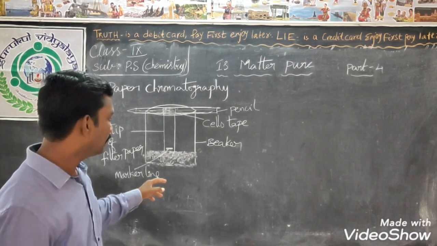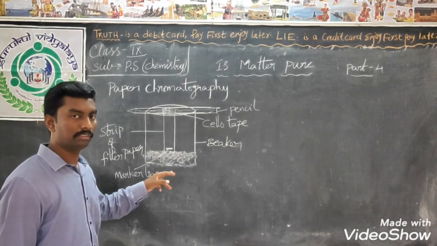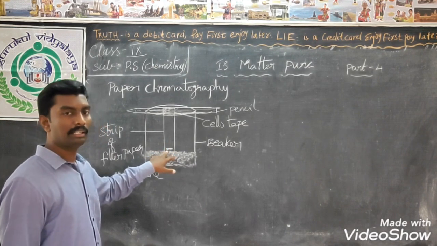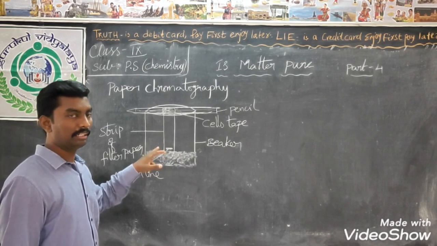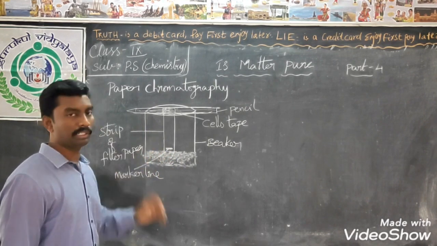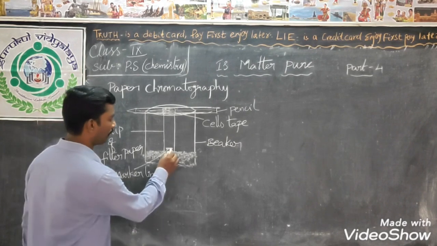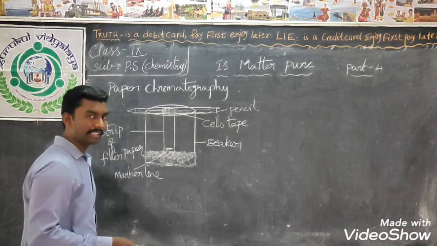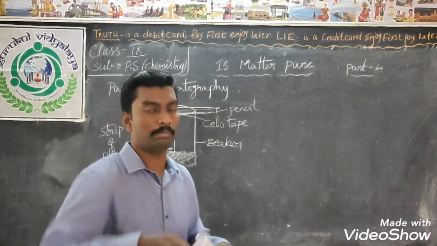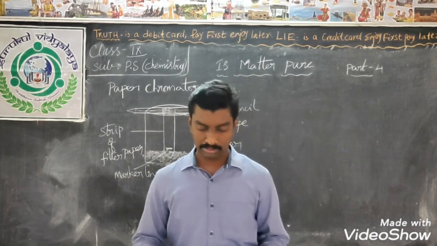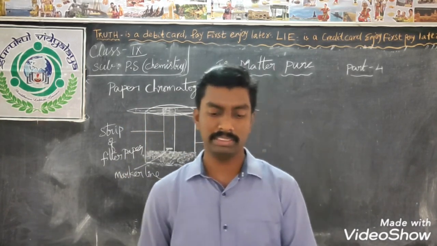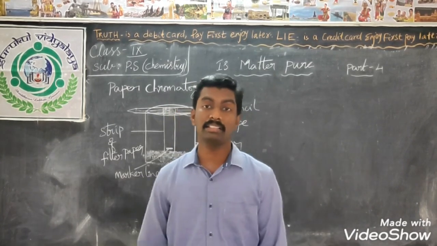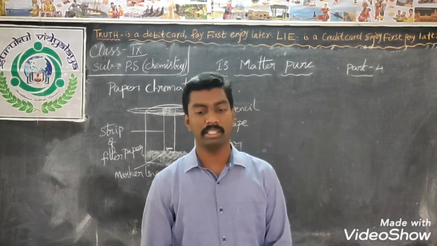When the filter paper absorbs the water, the ink components in the marker will be separated. We can observe one color going one way and another color going another way. Different colors involved in that marker will be separated. The precaution we have to take is that the marker line does not touch the water.